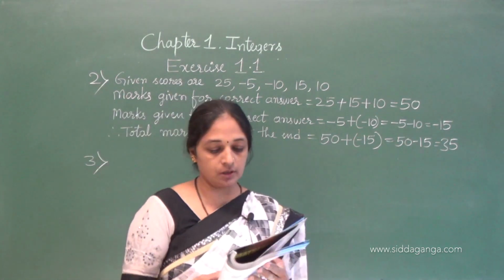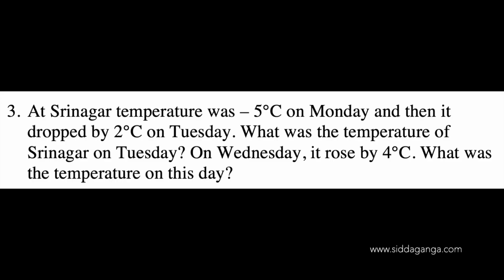I read the question. At Srinagar, temperature was -5 degrees Celsius on Monday, and then it dropped by 2 degrees Celsius on Tuesday. What was the temperature of Srinagar on Tuesday? On Wednesday, it rose by 4 degrees Celsius. What was the temperature on this day?